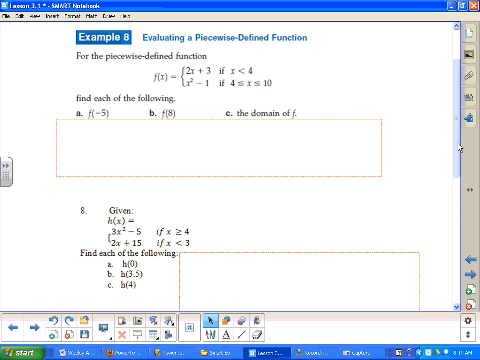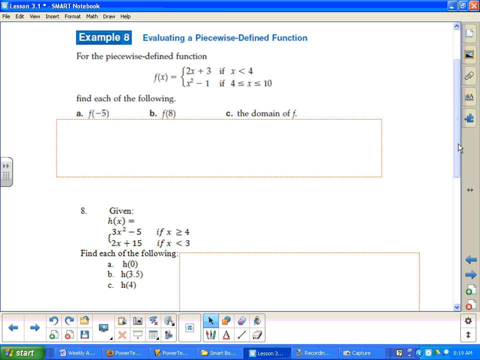All right. Now, notice it says that f of x equals 2x plus 3 if x is less than 4. So any values that are less than 4, I will use 2x plus 3 to calculate the answer. Okay. It says x squared minus 1 if x is greater than or equal to 4 and less than or equal to 10.